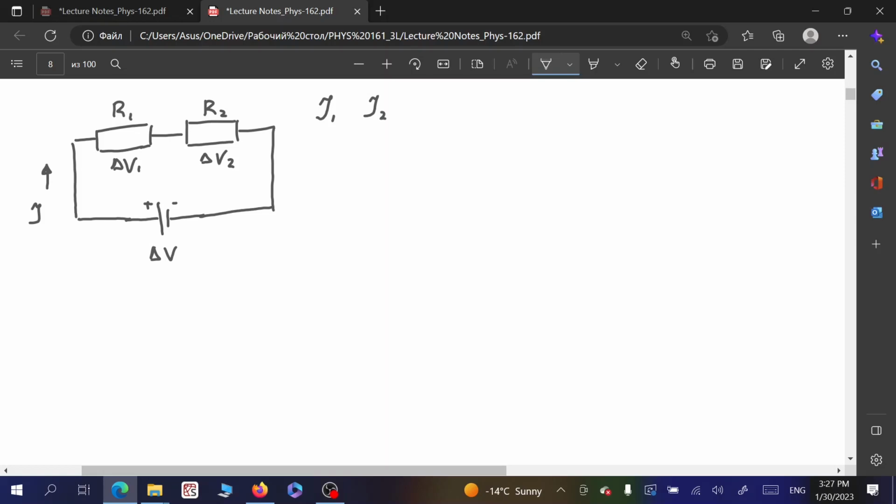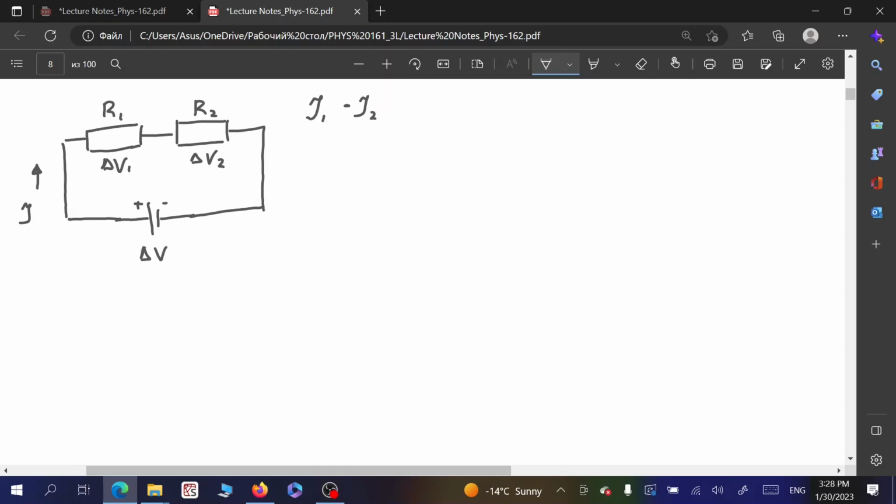Are they the same or different? They are the same because there are no options for electric current to flow in another direction. They are connected in series. So I1 is equal to I2, and that is equal to I, the electric current.